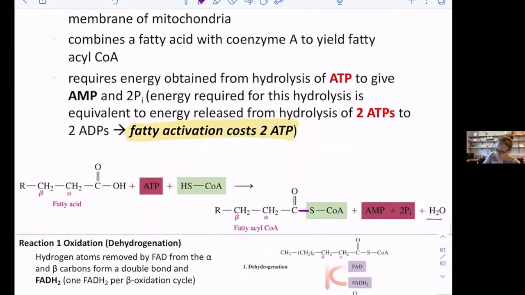And we're going to form AMP and 2 phosphates. In this particular case, you could do 2 ATP and form 2 ADPs, but in this case you actually form AMP, so monophosphate. You take 2 of the phosphates from the same ATP.